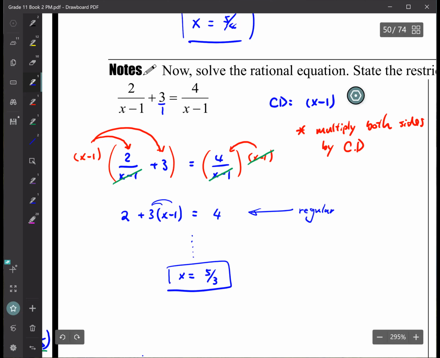So once you get here, right, because now we have a rational equation, what else do you think we need to do? Colin? What else do we need to do if it's a rational equation? Well, you always have to do what at the end, after you get an answer, right?